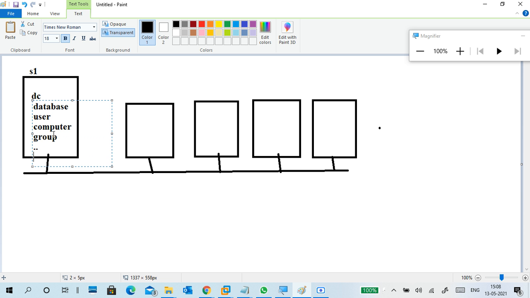Like that, it stores resources information too. Resources means local resources, like a printer or scanner.